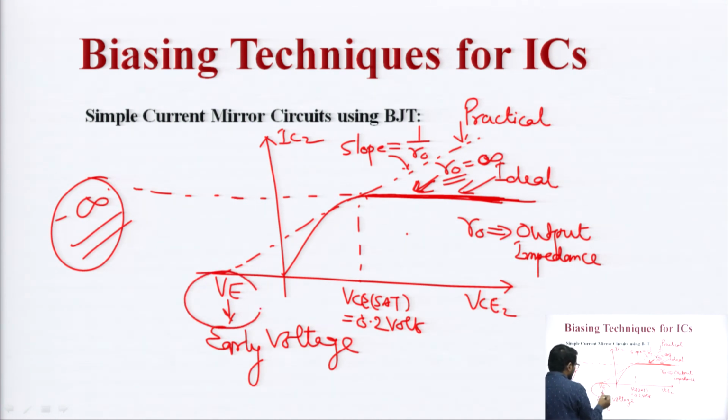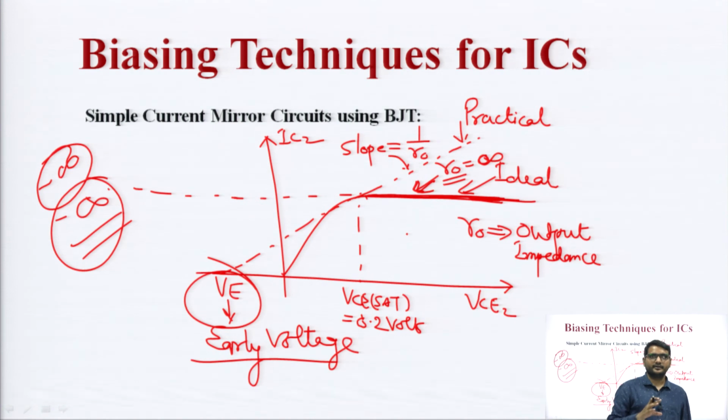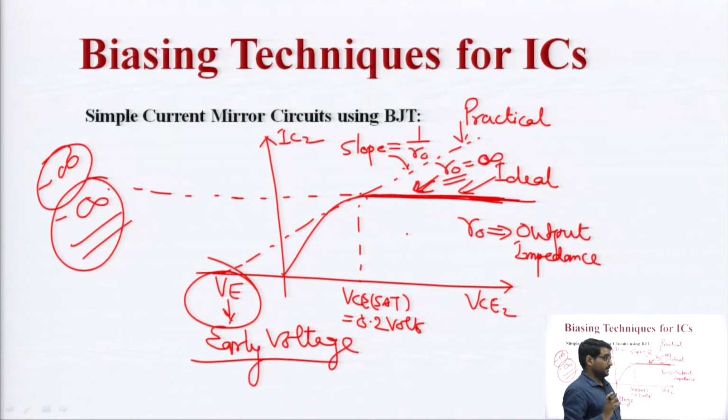This is VA for a practical case and minus infinity for the ideal case. Okay. This is the consideration about the current mirror circuit, which has two transistors Q1 and Q2, and this section is a particular analysis of transistor Q2.